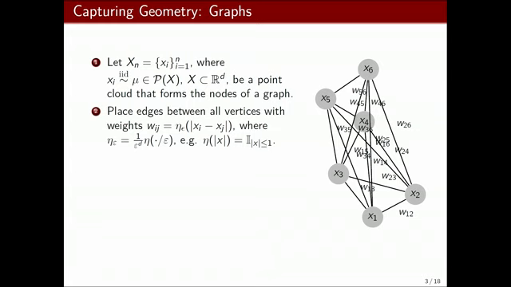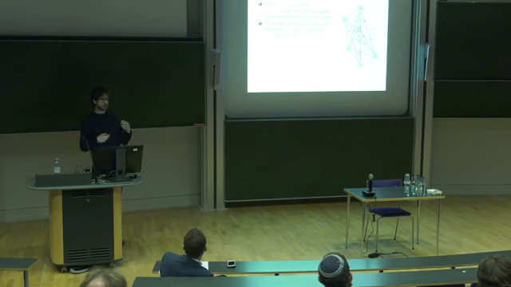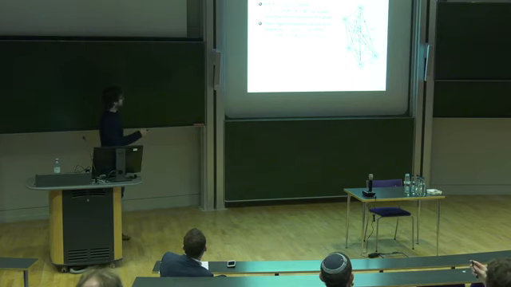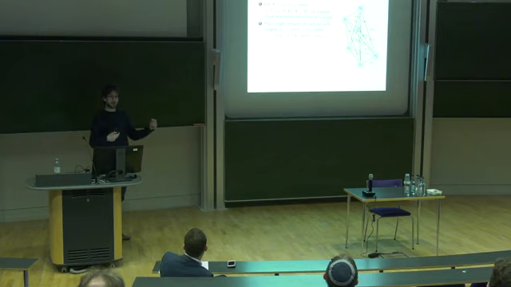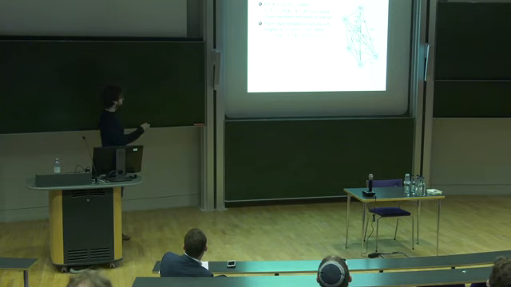The important part at the moment is that the weight of the graph depends on the distance between the nodes. The typical example to have in mind is when eta(x) is 1 if x is less than 1 and 0 otherwise. What this means is that our weights are only positive if the points are closer than epsilon, and they're 0 if we're further than epsilon. This is just an example; the theory is more general, but this is the thing to have in mind.